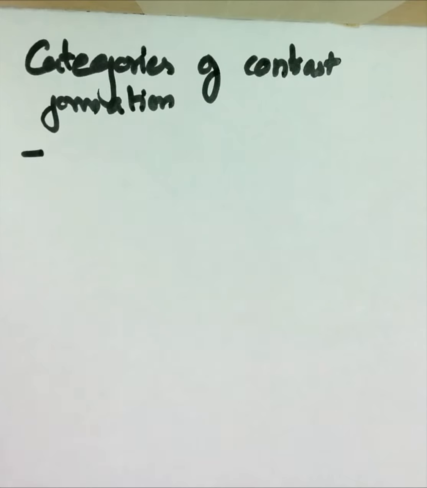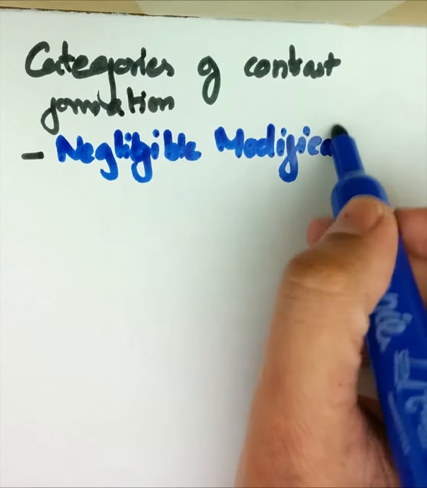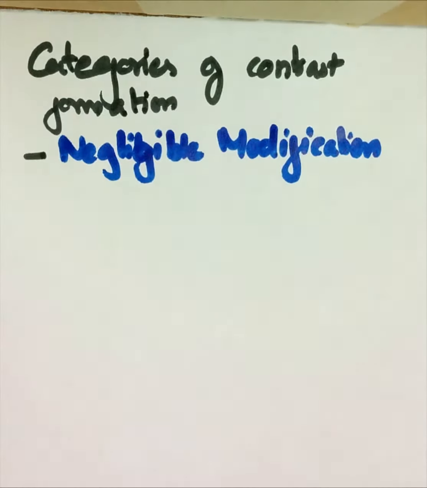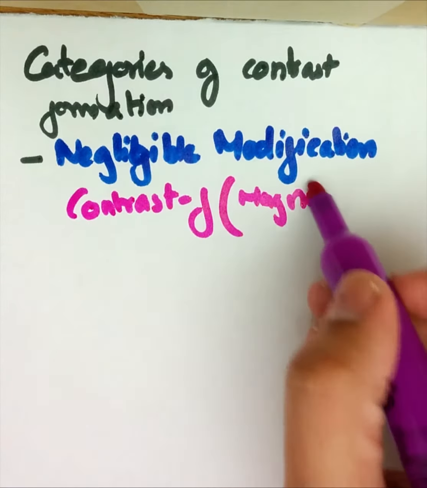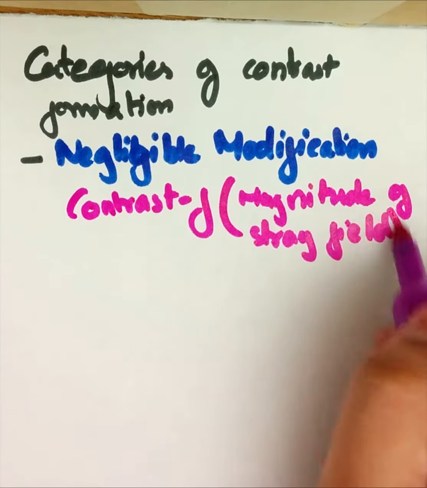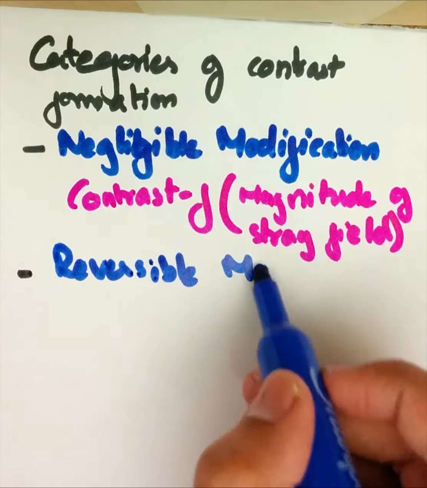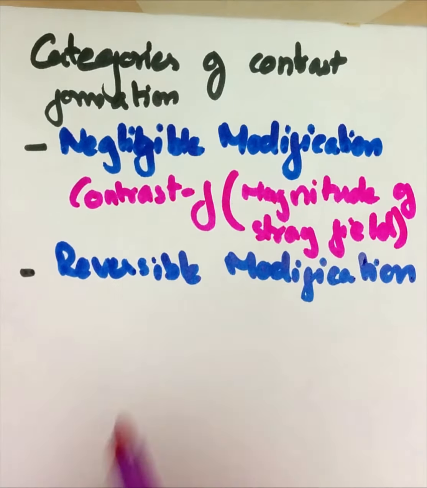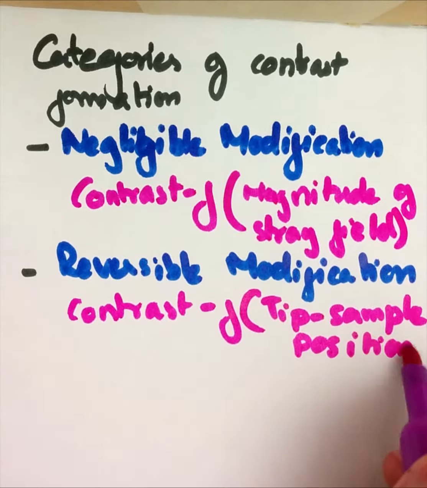There are three major categories for contrast formation. In negligible modification, the tip does not interact much with the sample and there is very negligible change in the tip sample position. In this case, the contrast is a function of the magnitude of the stray field. In reversible modification, as the tip passes through the sample, the tip sample position is modified and it reverts to the initial state after the pass. In this case, the contrast is a function of the tip sample position.